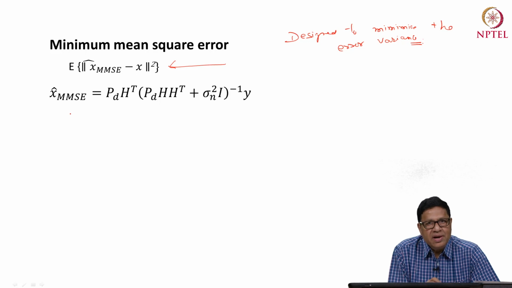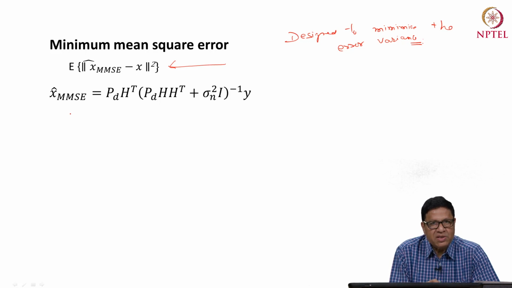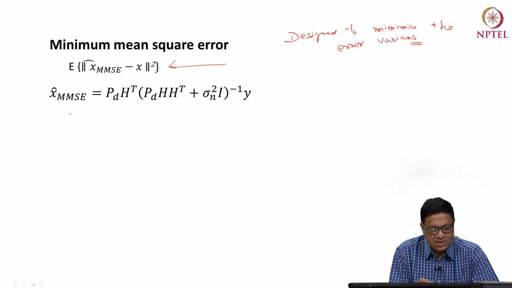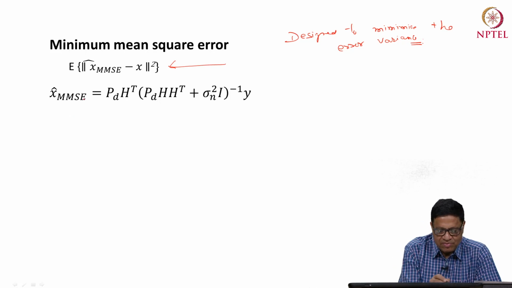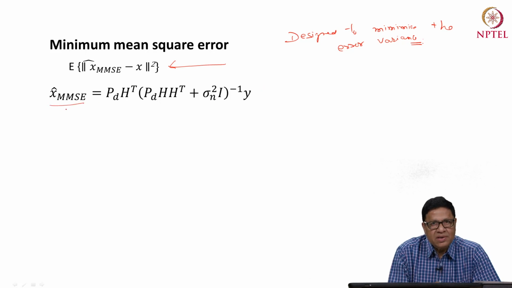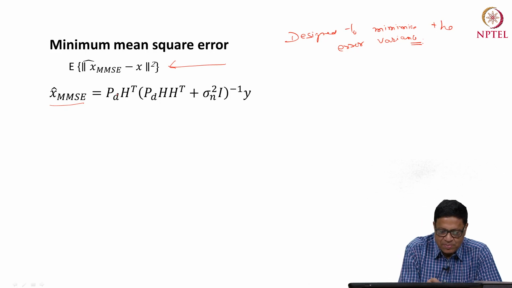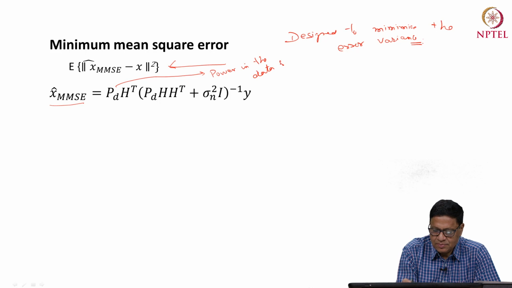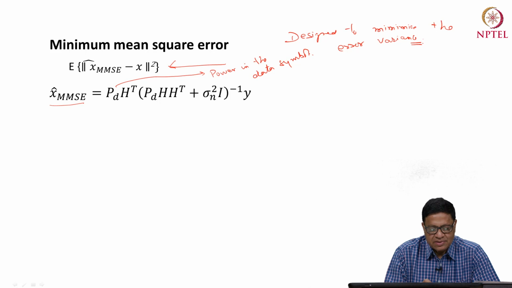We will not go into the details of the calculation of the estimate of X MMSE, but this can be done the way we have done for the zero forcing receiver. If you do all those calculations, then X estimate MMSE is given by this formula, where PD is the power in the data symbol, and H is the channel matrix.